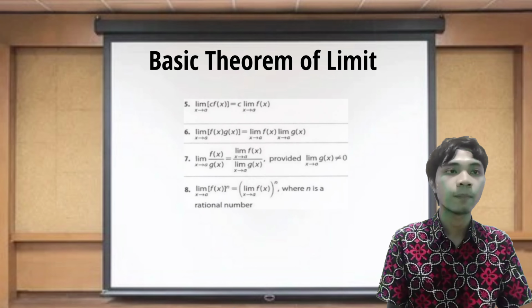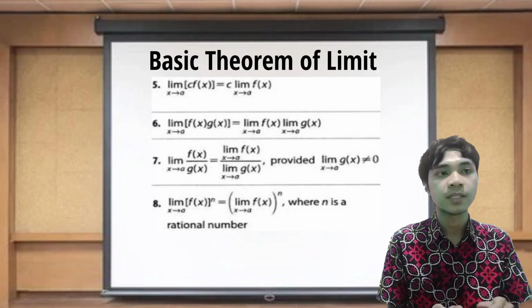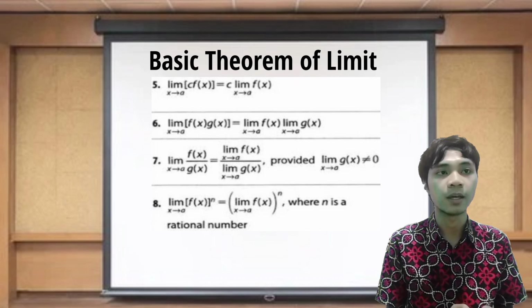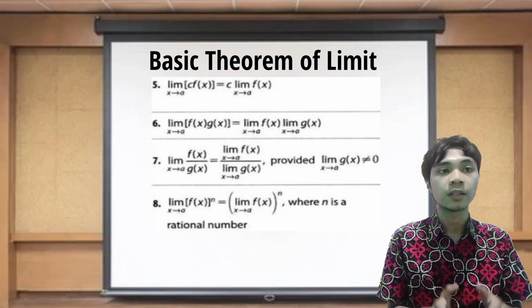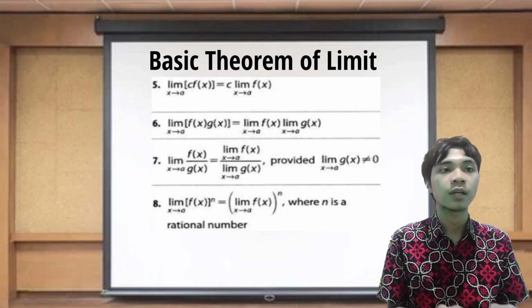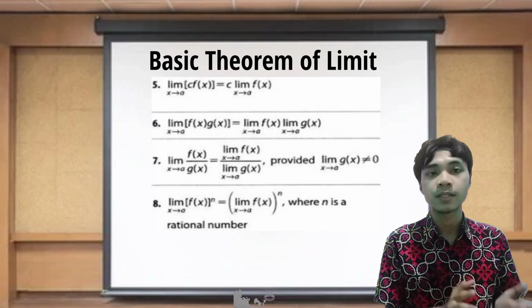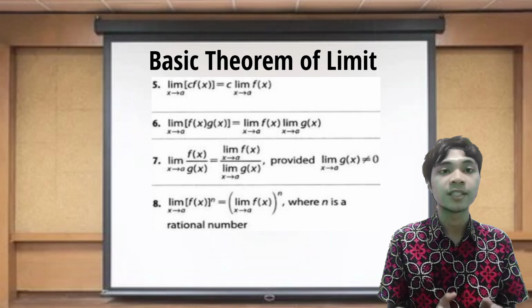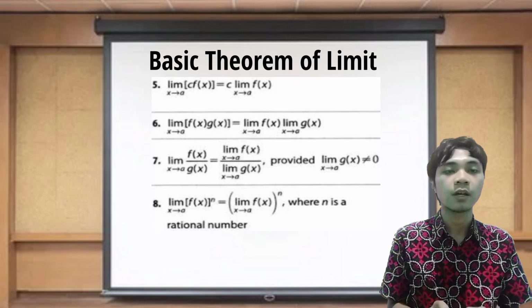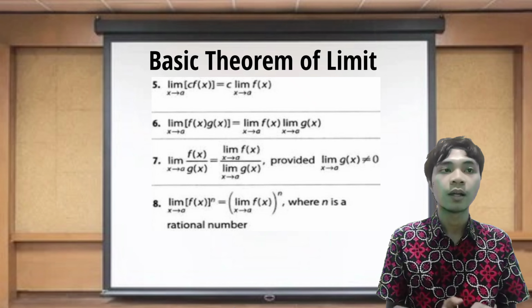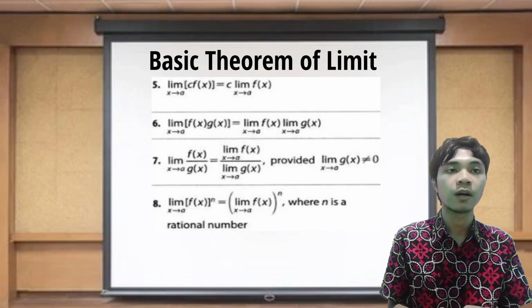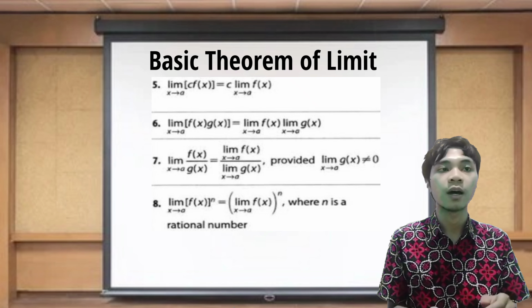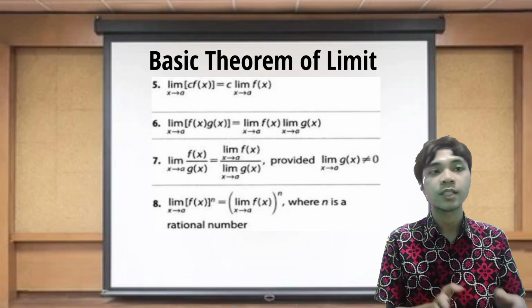And number 5, the limit of c times f(x) as x approaches a equals c times the limit of f(x) as x approaches a. Number 6, the limit of f(x) times g(x) as x approaches c equals the limit of f(x) as x approaches c times the limit of g(x) as x approaches c.